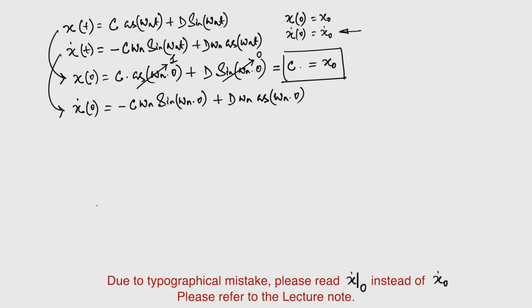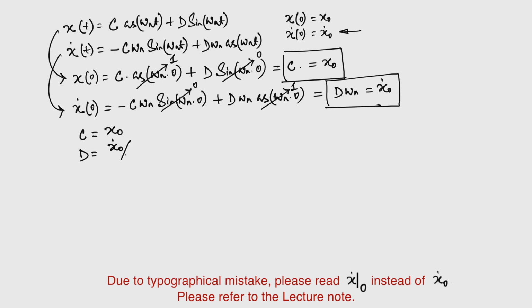So, what we get, obviously again in this case this will go to 0 and this is equal to 1. So, we are left with d of omega n, which is equal to x naught dot. So, that is the second condition. So, we have C equal to x naught and d equal to x naught dot divided by omega n.